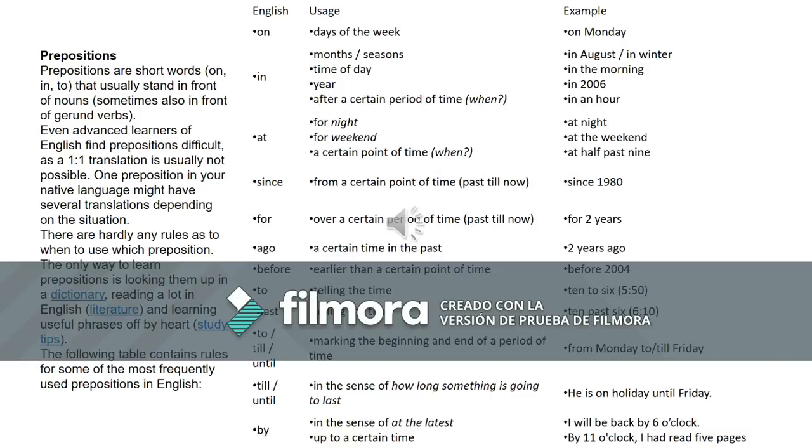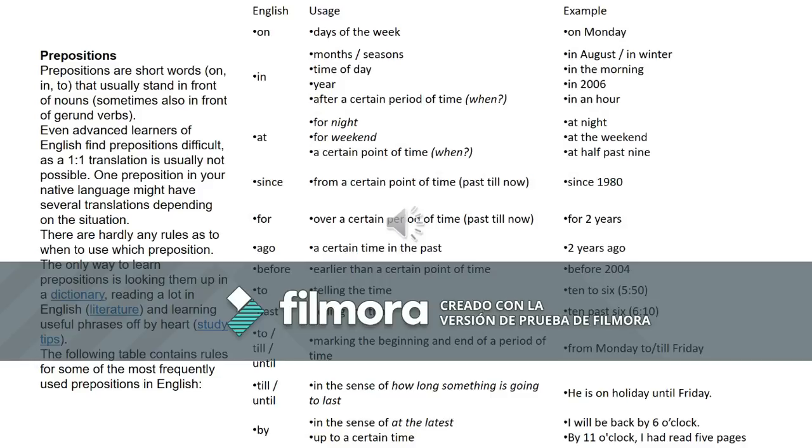There are hardly any rules as to when to use which preposition. The only way to learn preposition is looking them up in dictionaries, reading a lot in English literature, and learning used phrases of by heart. Study tips. The following table contains rules for some of the most frequently used prepositions in English.